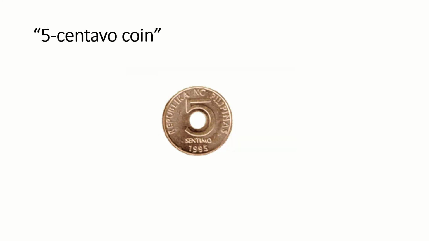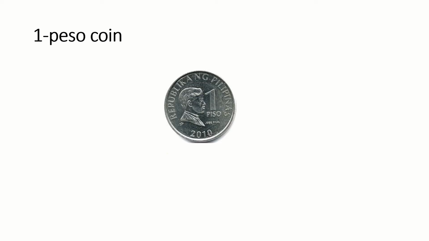Okay, for a 5 centavo coin, this time it's a smaller object compared to a bee. So we will not be using centimeters anymore, but instead we will be using millimeters. A 5 centavo coin is 15 millimeters. Then a 1 peso coin is 2.5 centimeters.